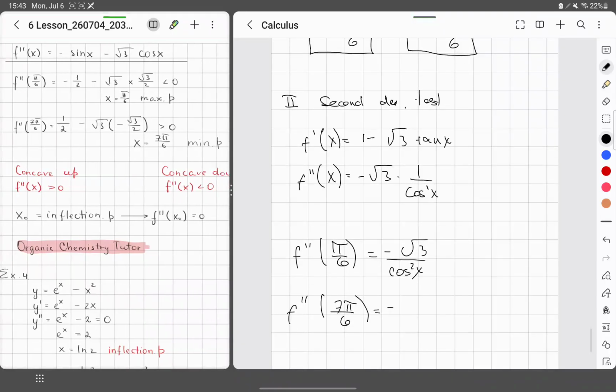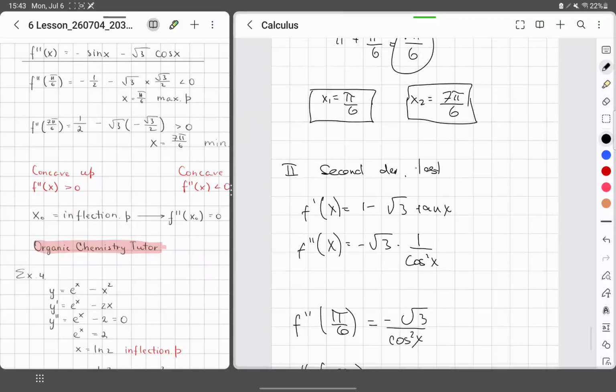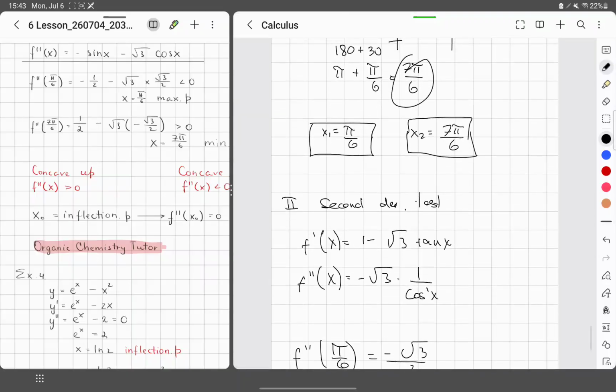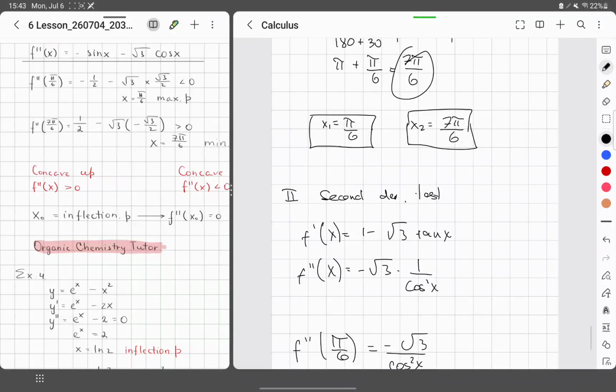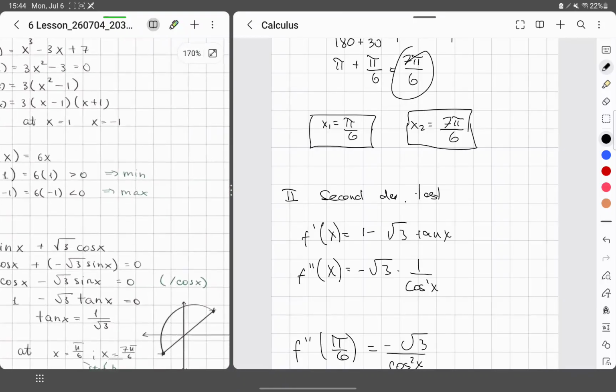Is that true? Let me see. What is a cosine? Alright, I am confused a lot. Wait.